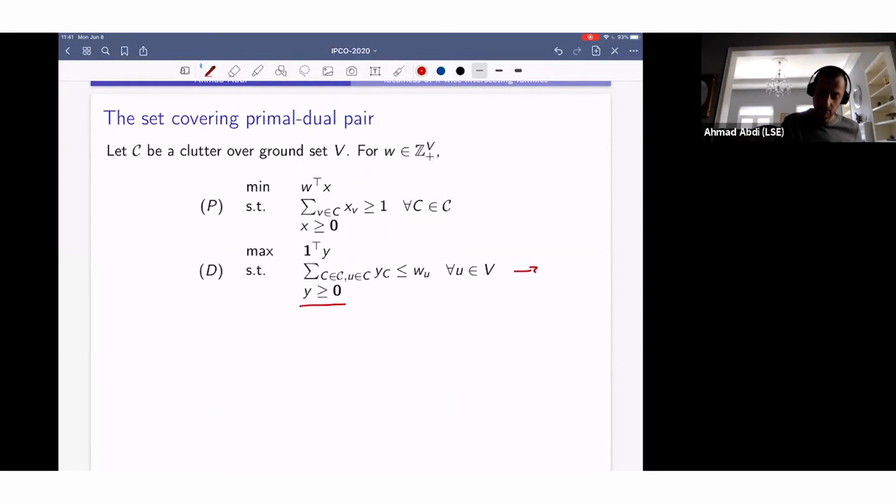For every element u, we want the sum of the y sub c's, where c contains that element, to be at most w sub u. So we want the congestion of every element to be bounded from above. Subject to these constraints, we want to maximize the value of the solution y. This y is referred to as a fractional packing, so this is a fractional packing problem.